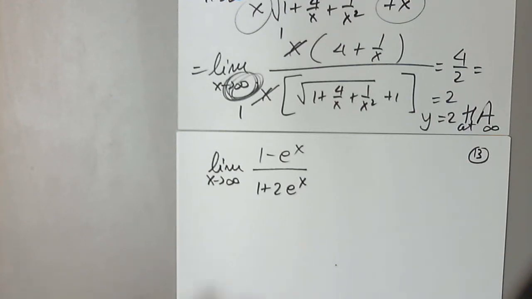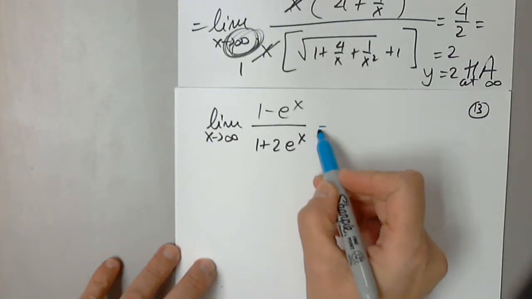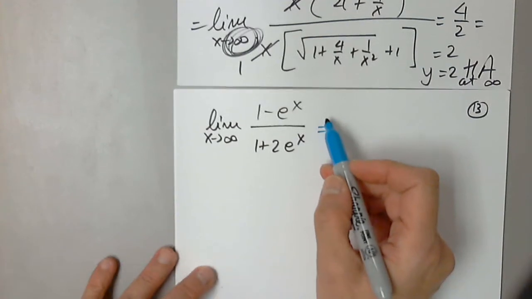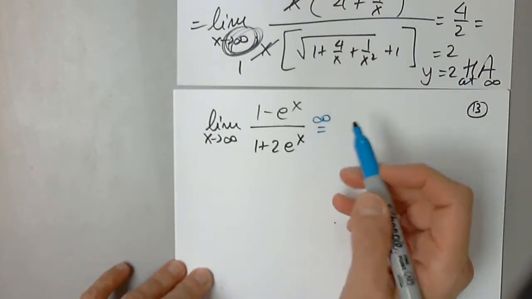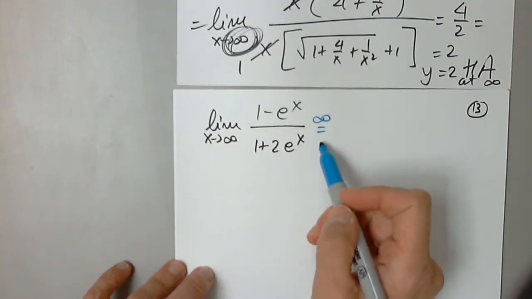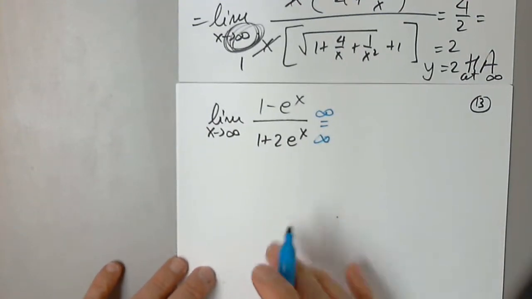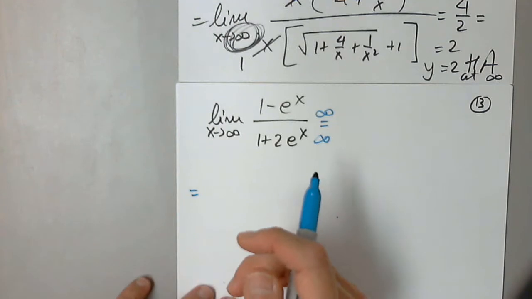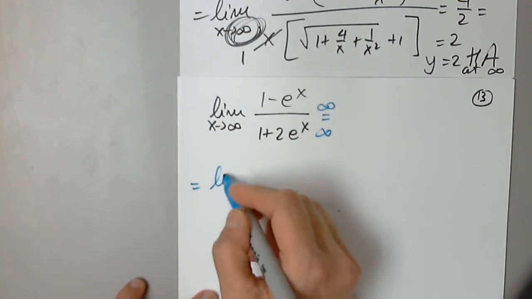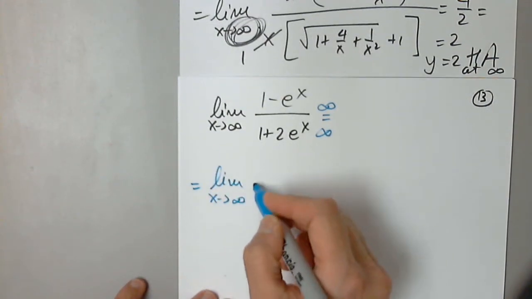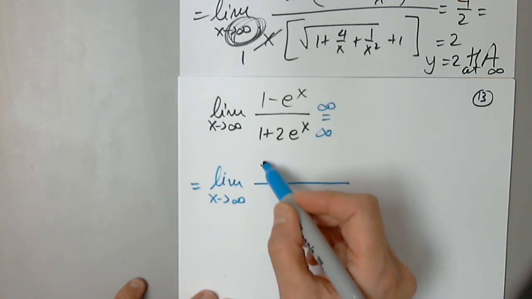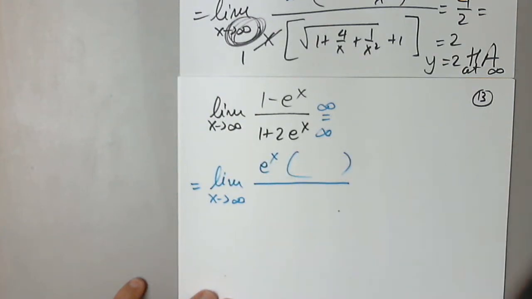Where does the top go? Yeah, infinity or negative infinity, I don't care. The denominator? Good. So what do we do? We are pulling out what? e to the x. Good. What is left?